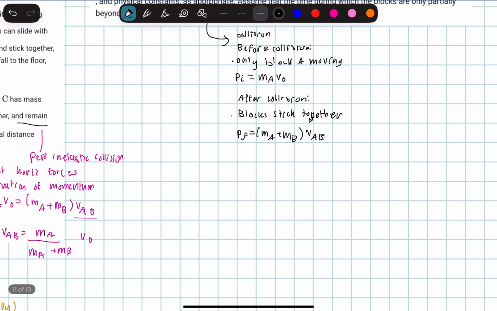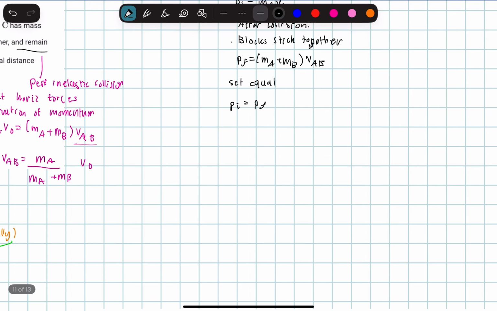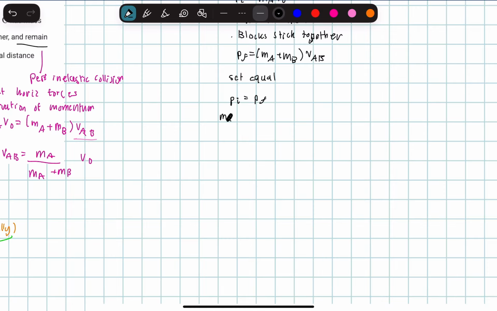Now, we can set them equal: P initial is equal to PF. So MA V initial is equal to MA plus MB times VAB, right?